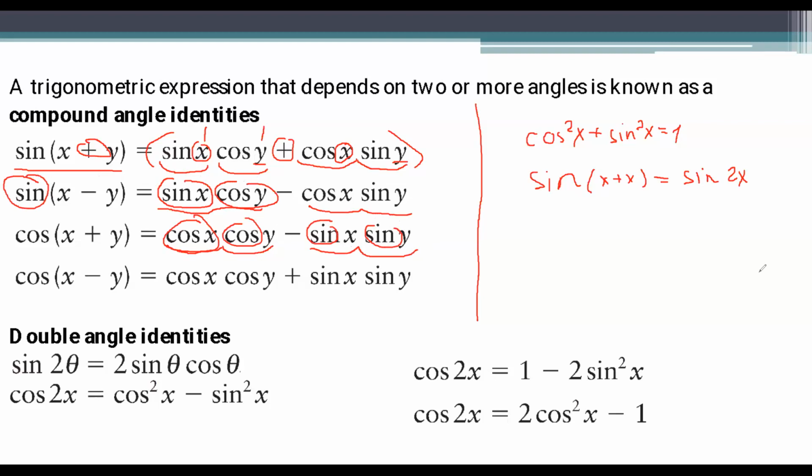For cosine, it's two multiples of the same function, and for sine it's a cross product of sine times cosine and cosine times sine. Another thing to remember about cosine: when we have plus in brackets, we have minus in the compound angle identity. If we have minus, we have plus. Is that clear?